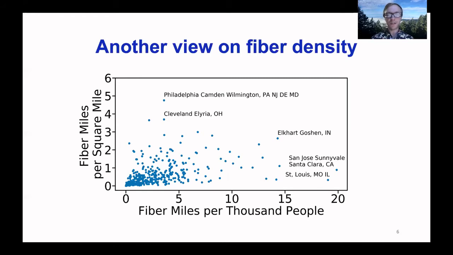The largest MSAs that were present in the last graph are not outliers here; particularly the Los Angeles area and New York have moved closer down into the center or the bottom left of the graph where the clustering is. And among the outliers, we're still seeing Philadelphia, but we're also seeing new ones, including San Jose, St. Louis, and Cleveland.